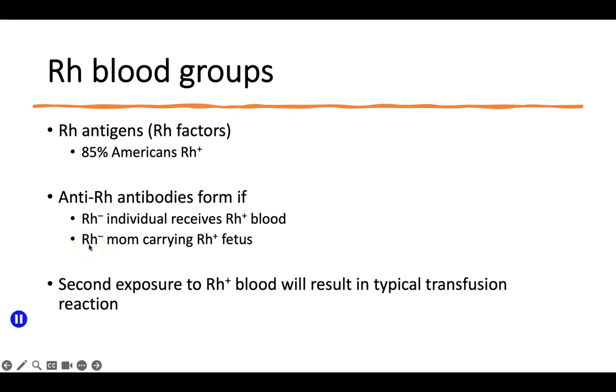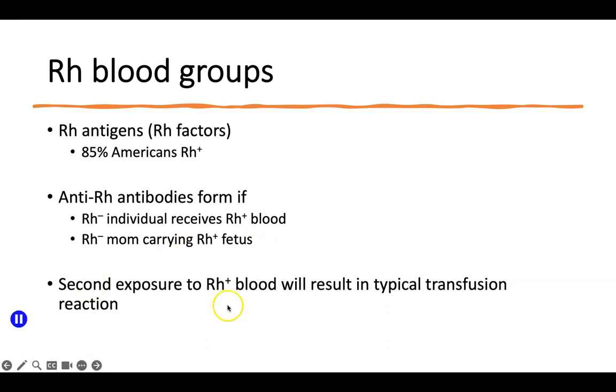This can often occur if an Rh negative parent is carrying an Rh positive fetus. So if the fetus is contributing this Rh factor, the parent will develop antibodies against Rh. This isn't necessarily bad the first time.